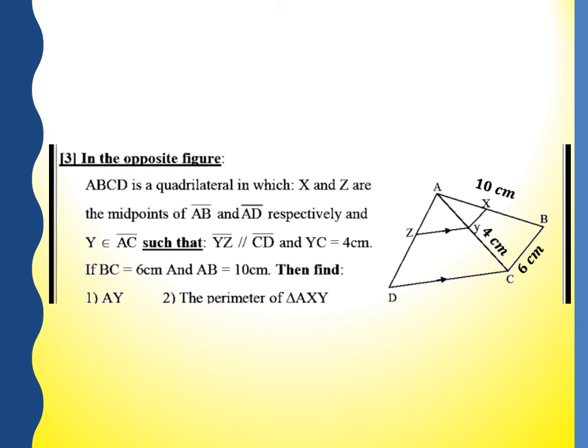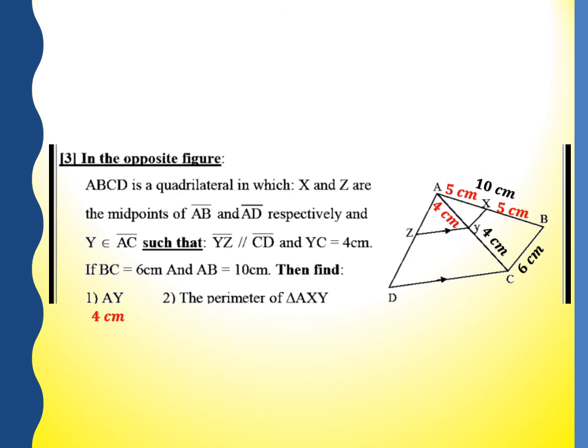First, Z is a midpoint of AD and ZY is parallel to DC, then Y is a midpoint of AC, then AY is 4 cm. In the triangle ABC, X is the midpoint, then AX is 5 cm and XB is 5 cm.